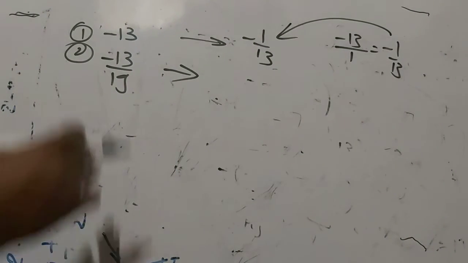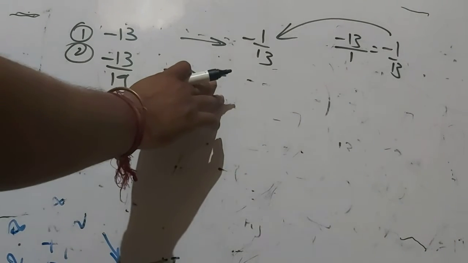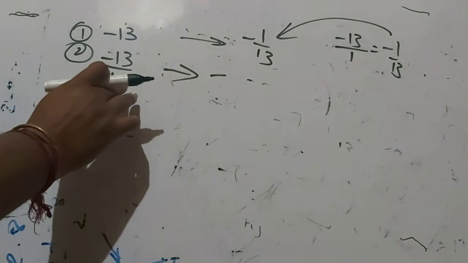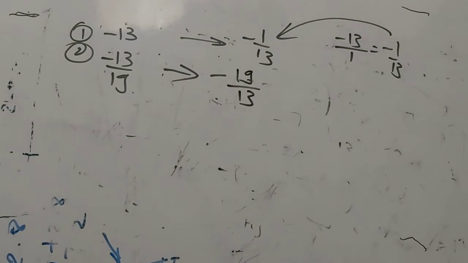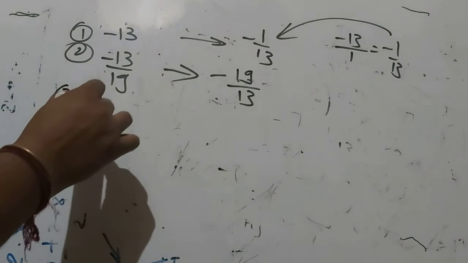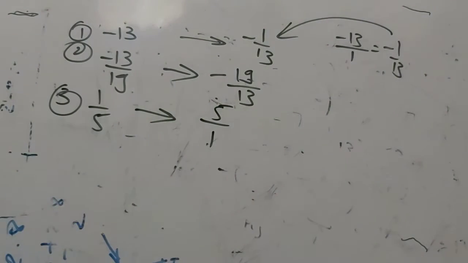Minus 13 by 19. Its multiplicative inverse will be negative, will be as it is, positive sign will be as it is. Just denominator will go upside and numerator downside. Okay. Next is 1 by 5. Its multiplicative inverse, denominator will go upside, numerator downside.